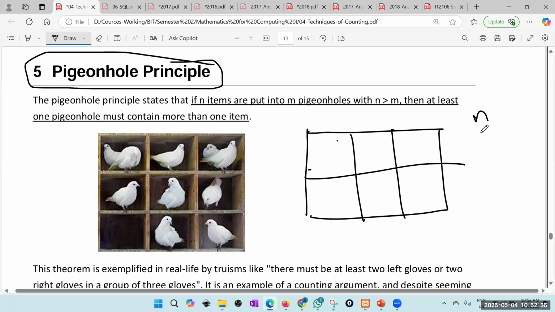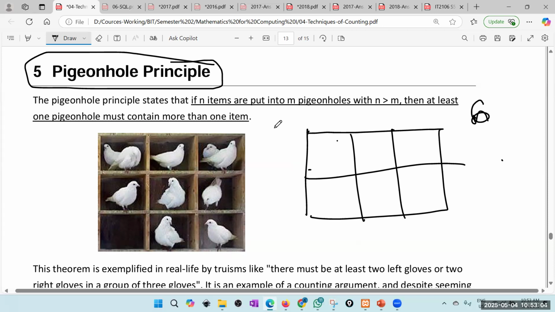If you have more than n pigeons, that is, more than 6 pigeons, and you put those pigeons into these holes, always at least one pigeonhole will have more than one pigeon.